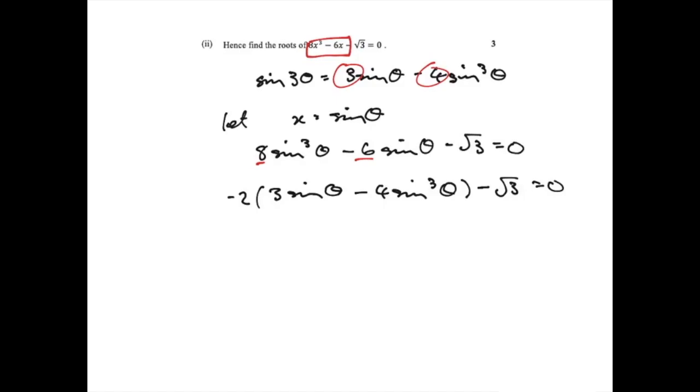So I know that this part here is my sine 3 theta. So negative 2 sine 3 theta. Add root 3, so I'll get root 3. Divide by negative 2, and sine 3 theta is negative root 3 over 2.